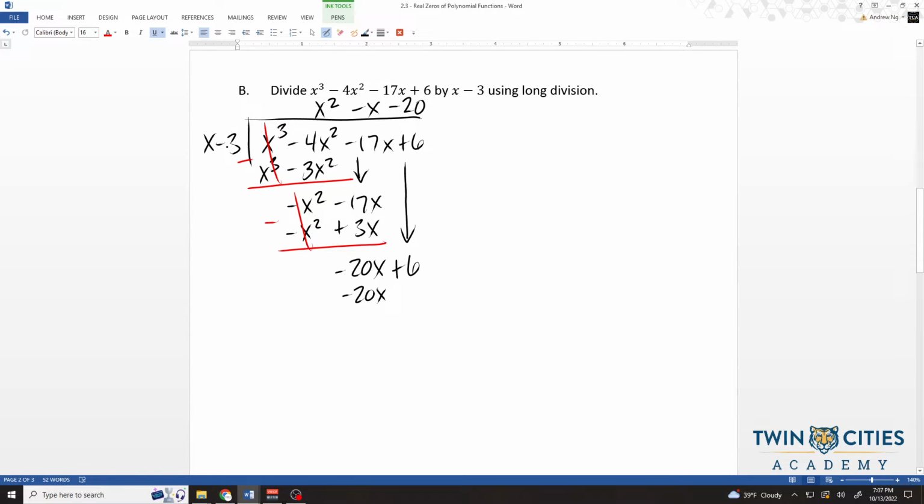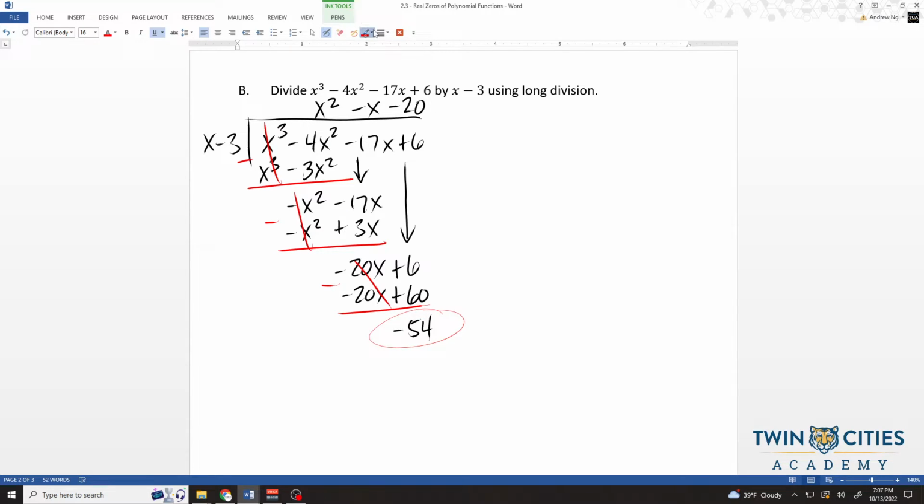Negative 20 times negative 3 makes positive 60, so plus 60 here. Step 3, we're going to subtract. Six minus 60 is going to be negative 54. So negative 54 is actually my remainder right here.